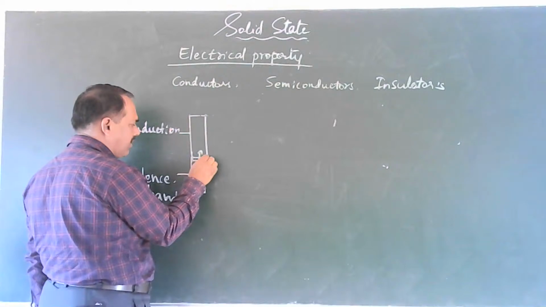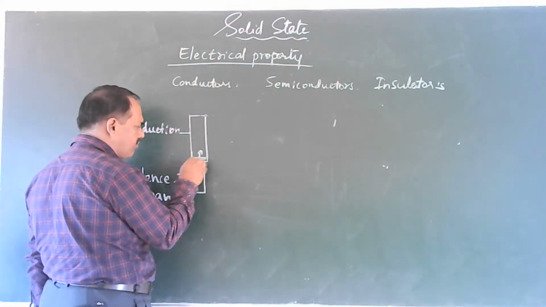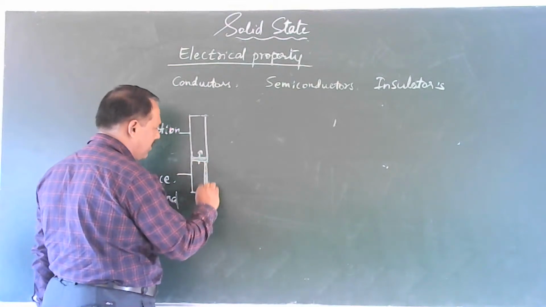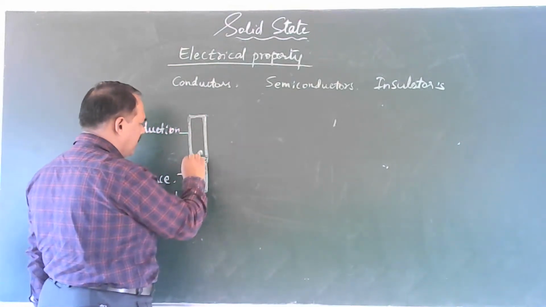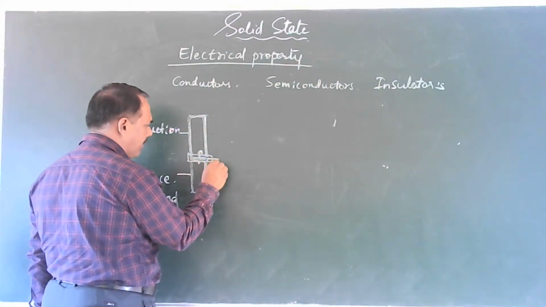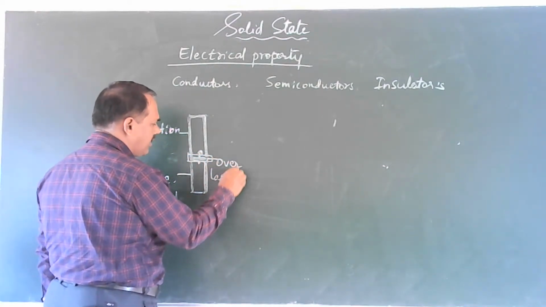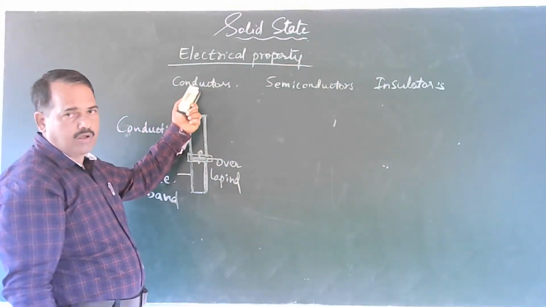You can see in conductors there is an overlapping between these two bands. You can find an overlap. And these are called conductors.